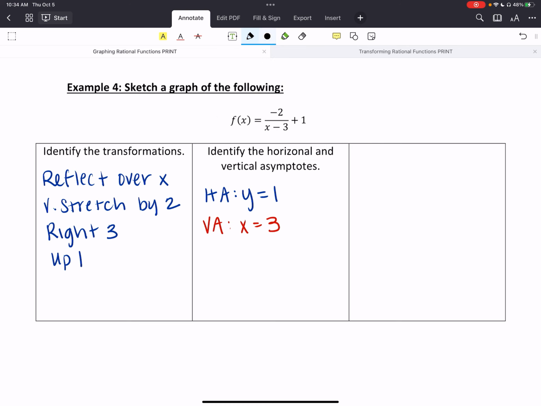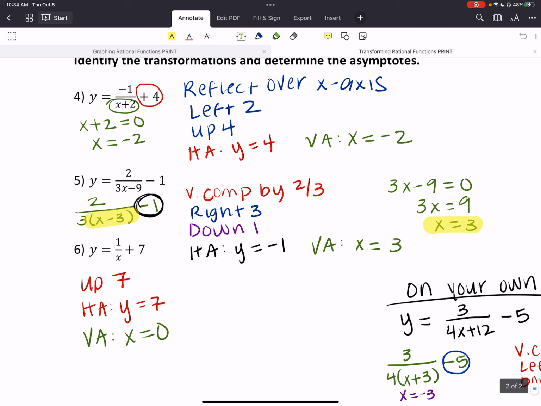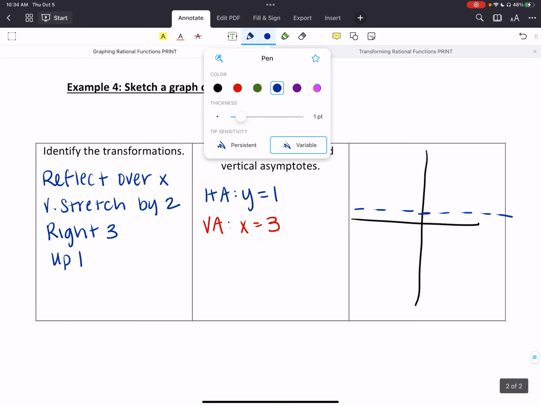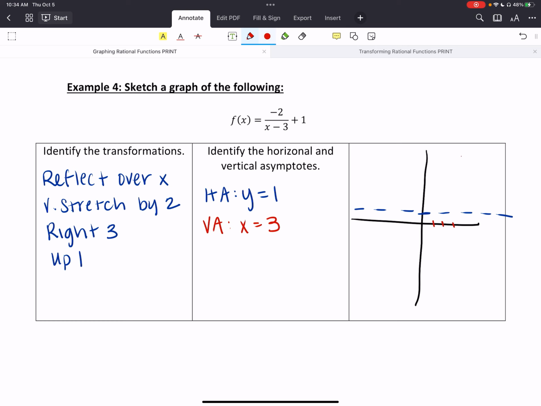So when we sketch this one, we have y equals 1, x equals 3. Whoops. And then we have to reflect and stretch. So that means we're going to start in our top quadrant and stretch away from our intersection. So it's kind of going to go like that and like that.